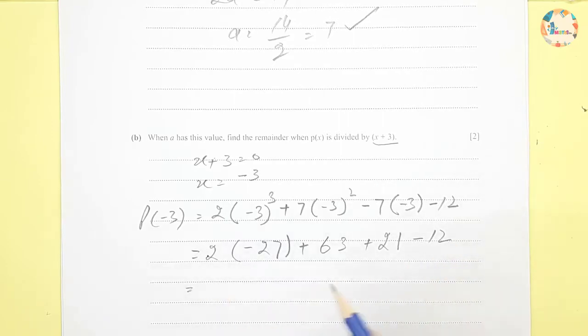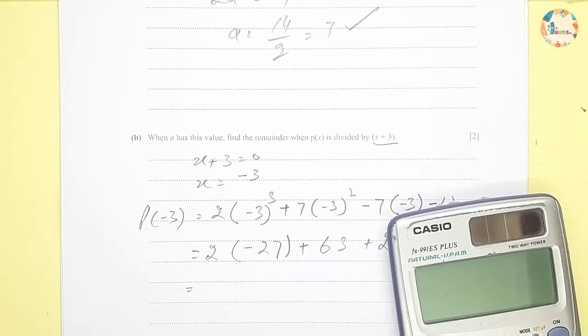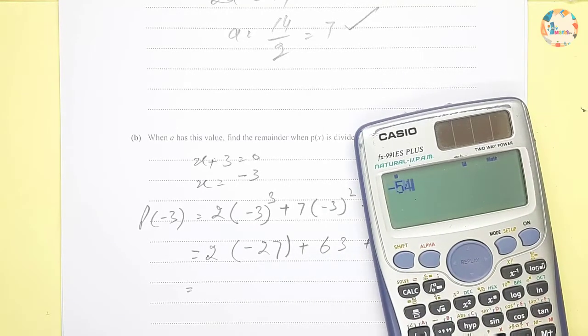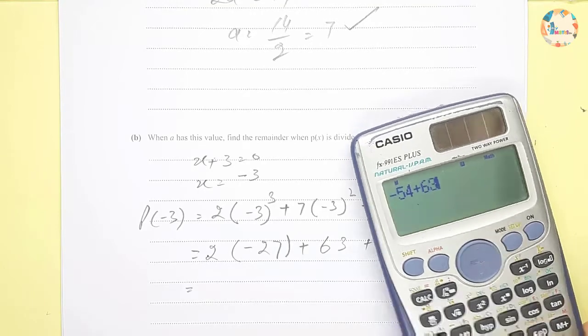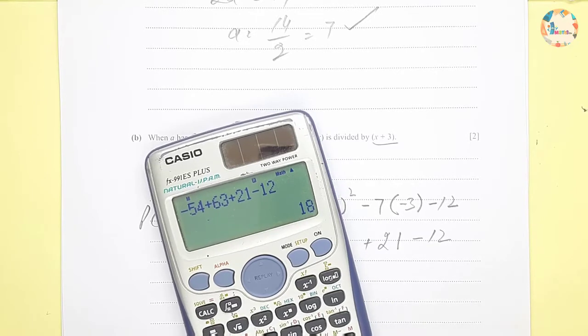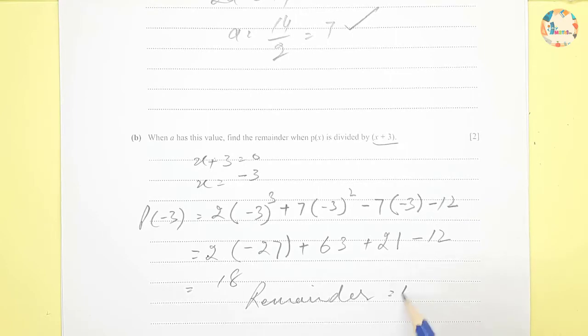If we add, this will be minus 54 plus 63 plus 21 minus 12, which is equal to 18, so the remainder will be 18. Remainder is equal to 18.